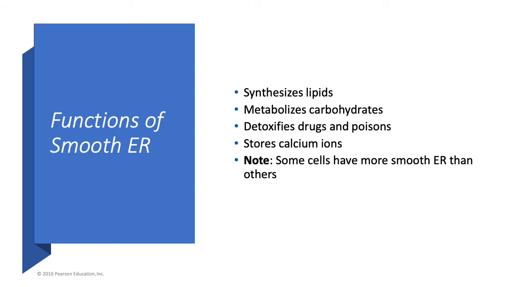The smooth endoplasmic reticulum has a number of jobs. It helps create lipids. It helps break down sugars, or maybe build sugars, actually, I'm not sure. Metabolize can go either way. It is involved in detoxification of drugs and poisons.